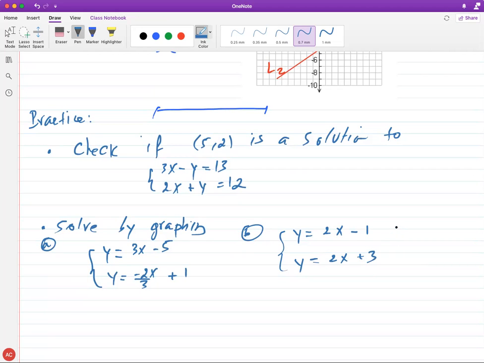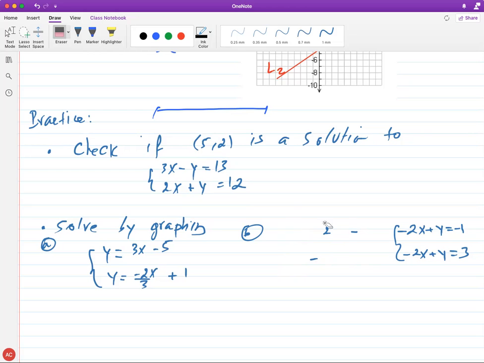Just this one, I'm going to change it a little bit to this. -2x plus y. So use these instead.